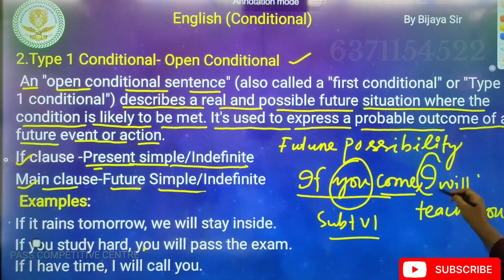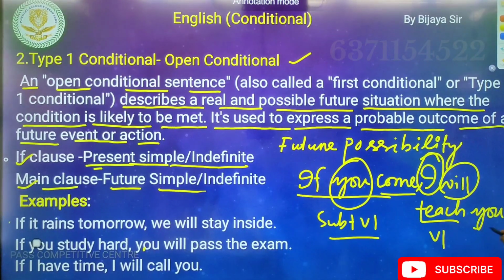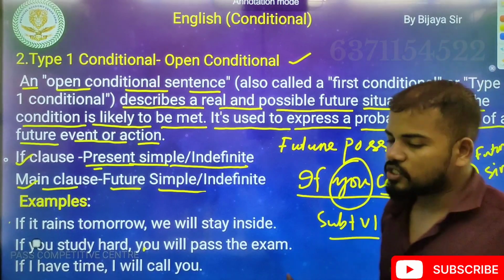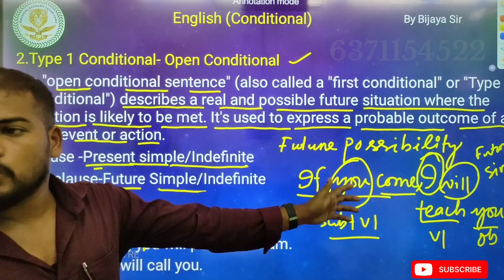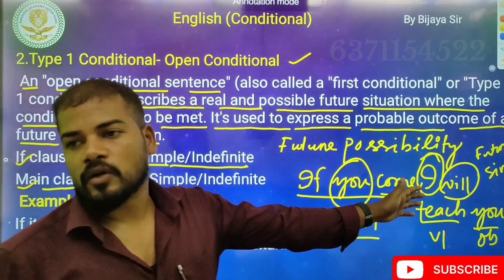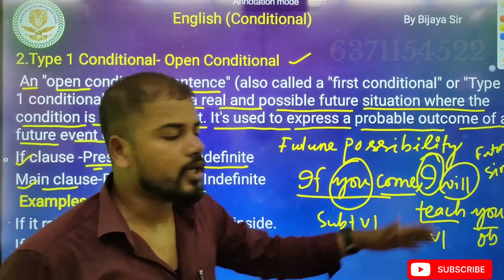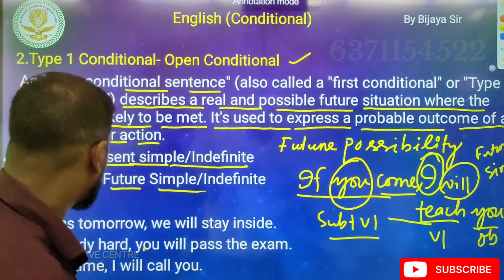And here I is the subject, we use will, teach is the V1 form, and you is the object. So this one is future simple. So this is known as type 1 conditional, where we get one if clause and another, that is the main clause. Our if clause is in present simple and our main clause is in future simple.